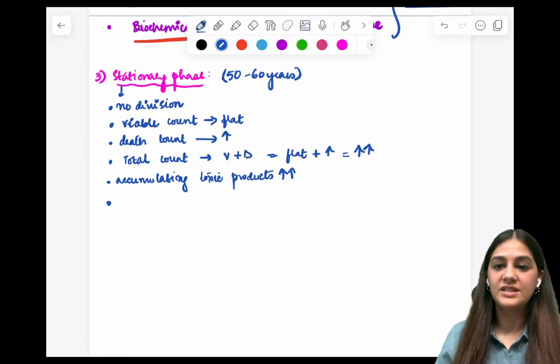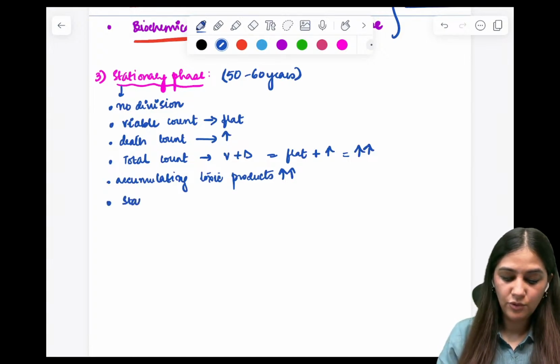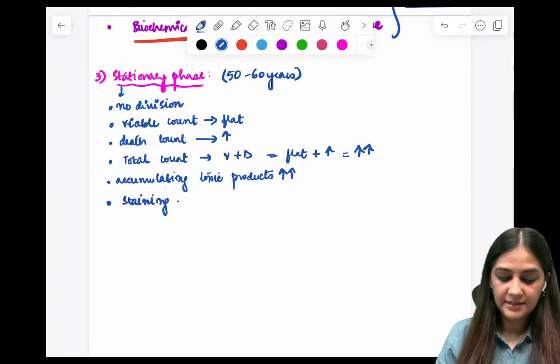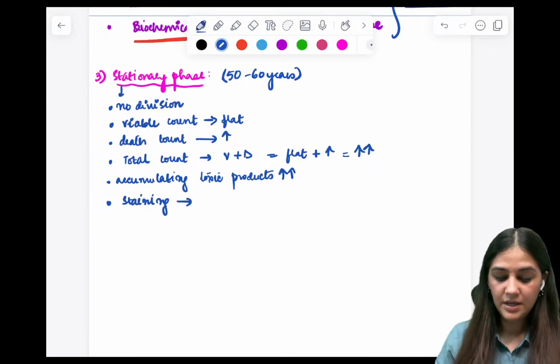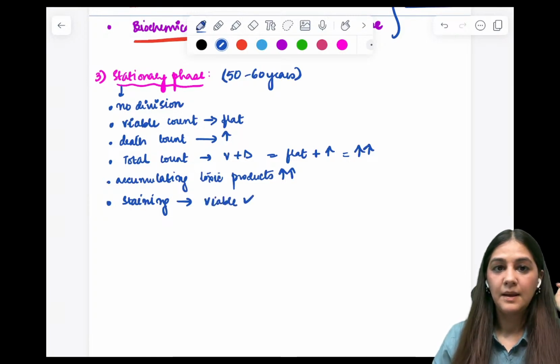Then let's talk about staining. What is going to happen if I want to stain a bacteria at this phase? What will happen is, as I said, staining is also best taken up by the viable count. So viable bacteria are going to take up the stains. But there are also dead bacteria now here in this medium.